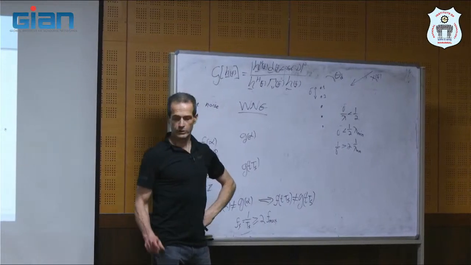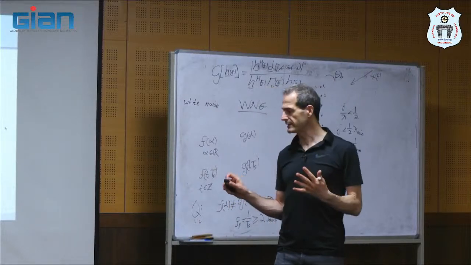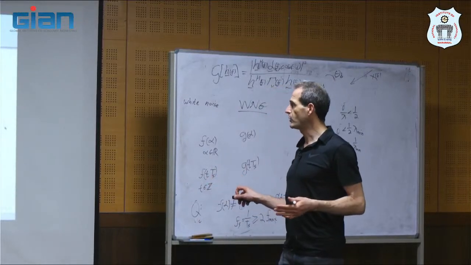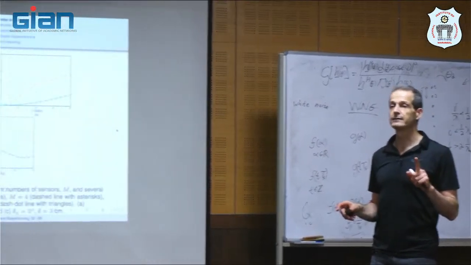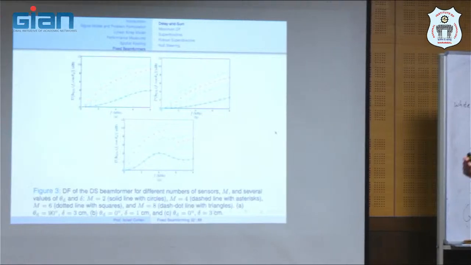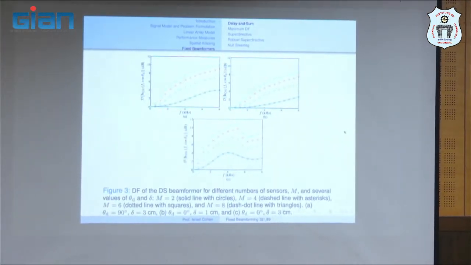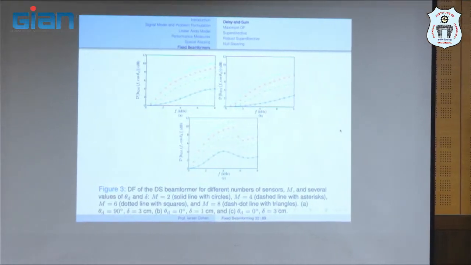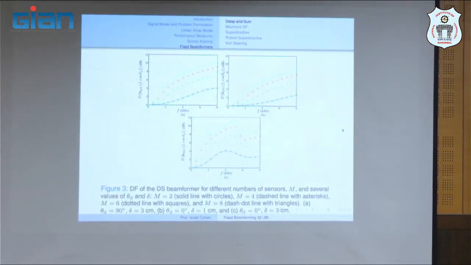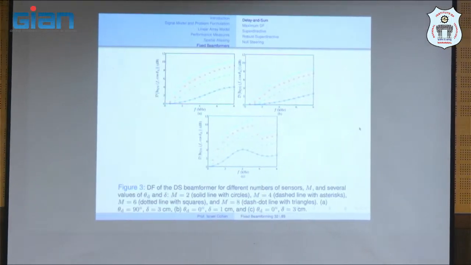But using the Delay-and-Sum, we obtain very nice results, which means that even though our objective was to maximize the white noise gain, even if we put this beamformer in an environment with diffuse noise, it will not amplify the diffuse noise. So the array gain will not be negative. Negative array gain means that it amplifies the noise. So I repeat.